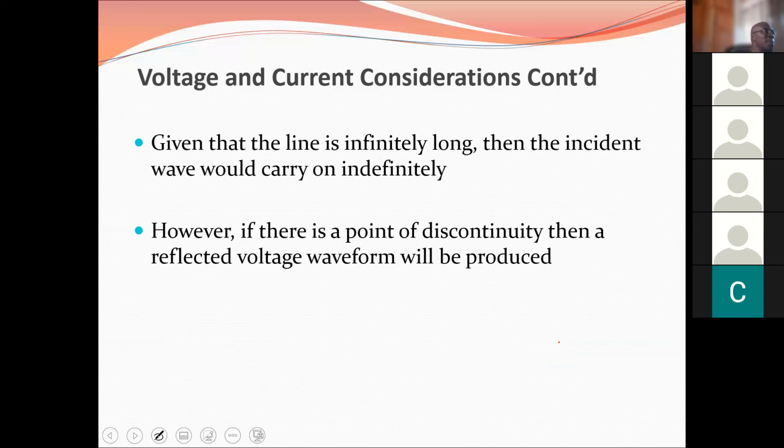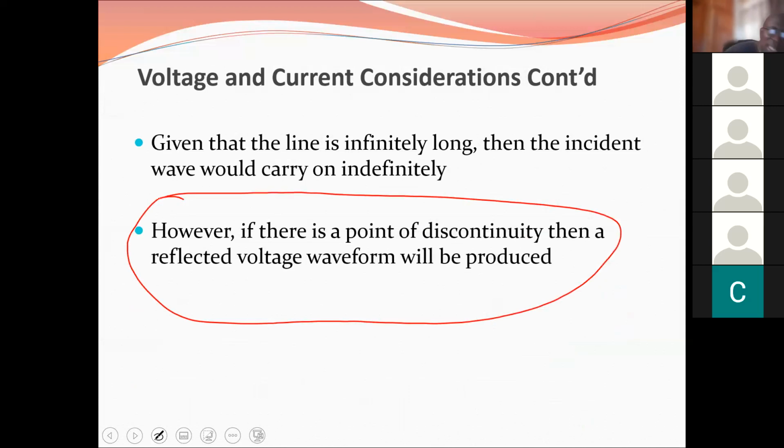But of course, that is our theory. We don't hang line for the sake of hanging line. We want to supply loads. So we say now, where we have a point of discontinuity, and what's that point of discontinuity? One, we can reach a load. And based on the fact that we are looking at the transmission level, that load would be in the form of your substation.